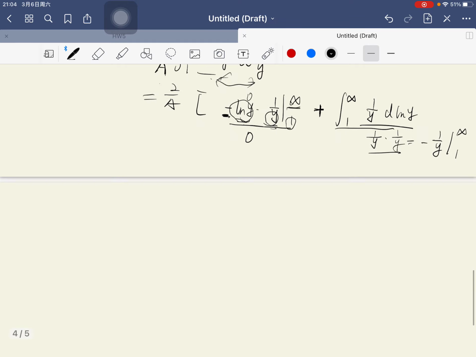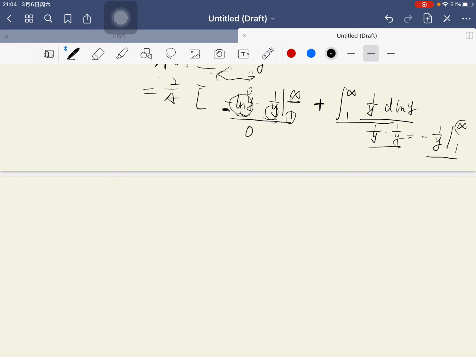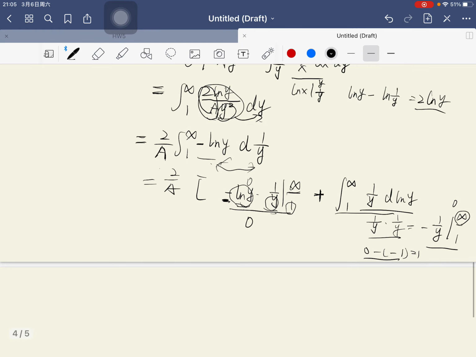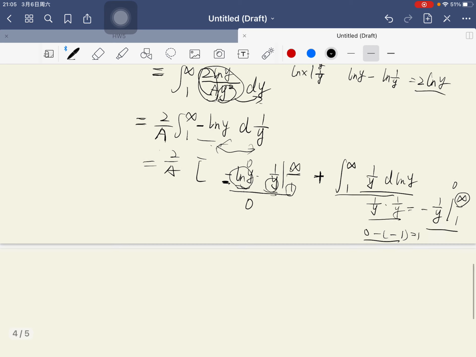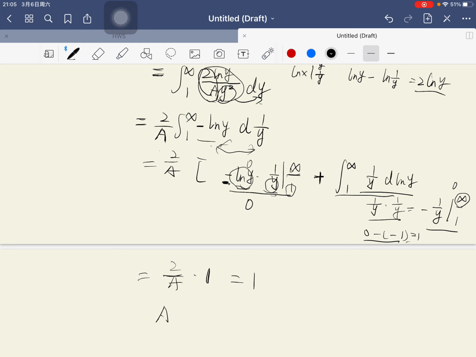For the second part, from 1 to infinity: when y is infinity it is 0, so 0 minus the minus 1 is equal to 1. So it is 2 over a times 1, equal to 1, so a is equal to 2.